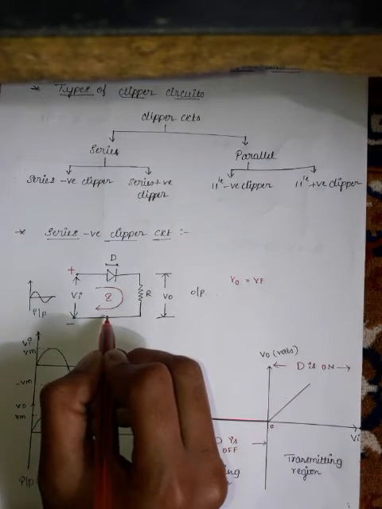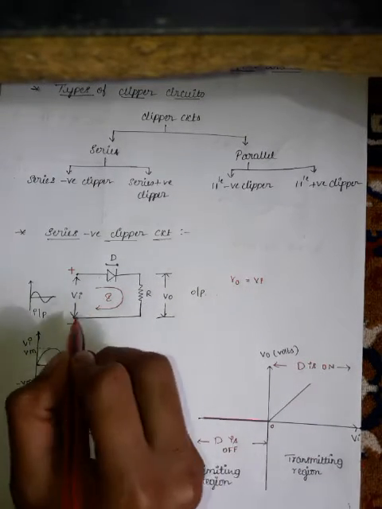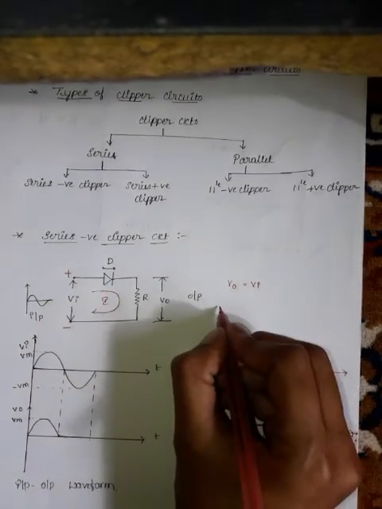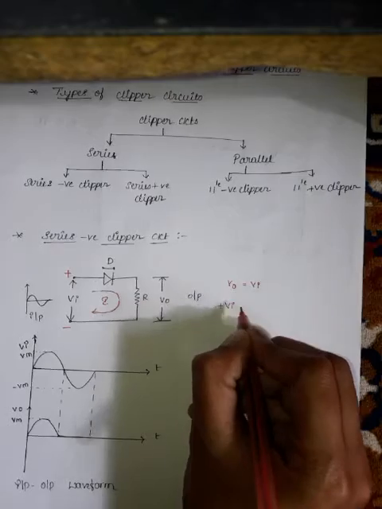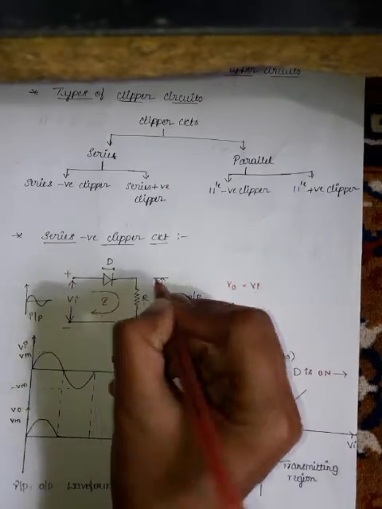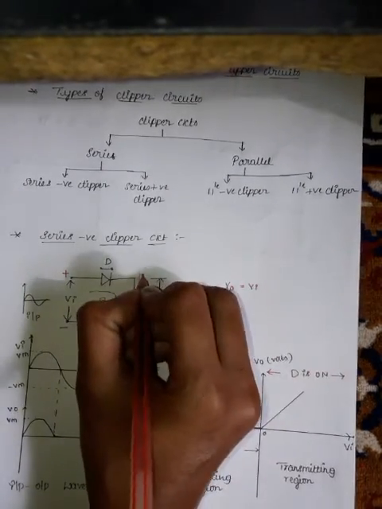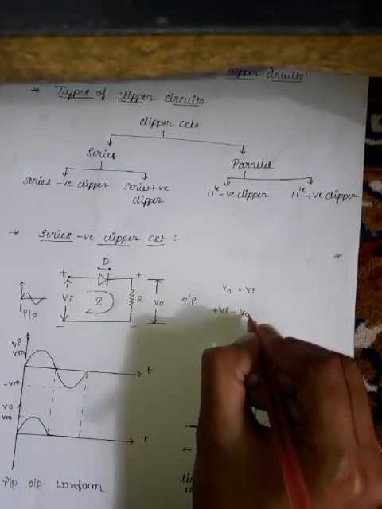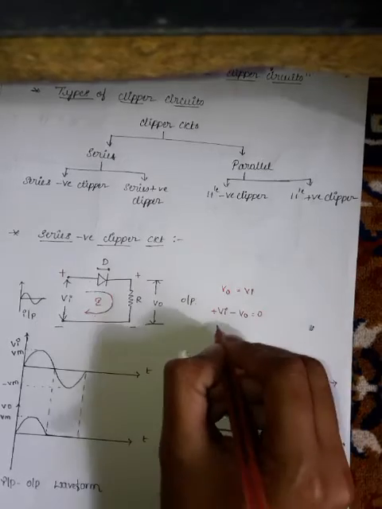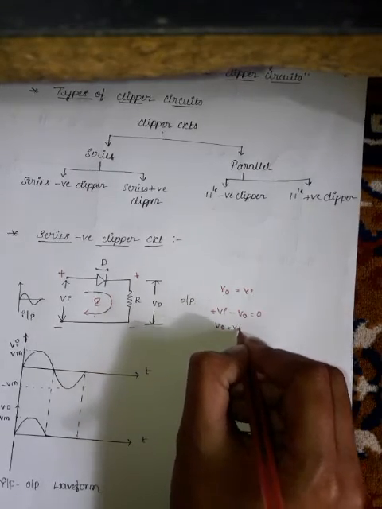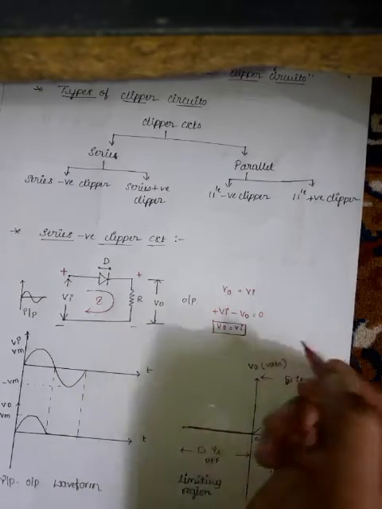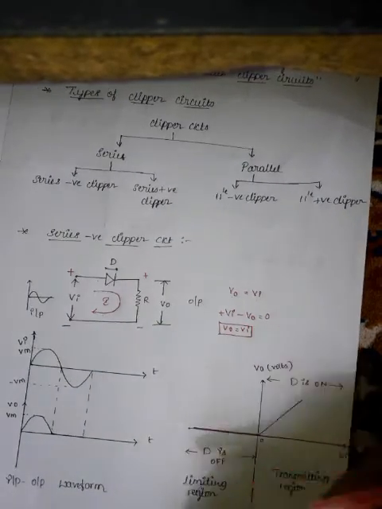If you get confused, I will apply KVL for this one. See the direction of the current in the circuit. So plus Vi minus V naught, because of the positive and negative polarity, so Vi minus V naught is equal to 0, or V naught is equal to Vi. This is the equation for the voltage during the positive half cycle.